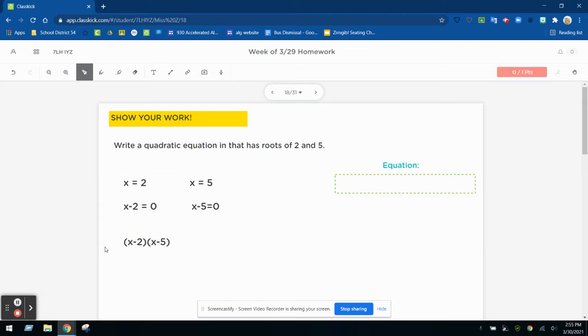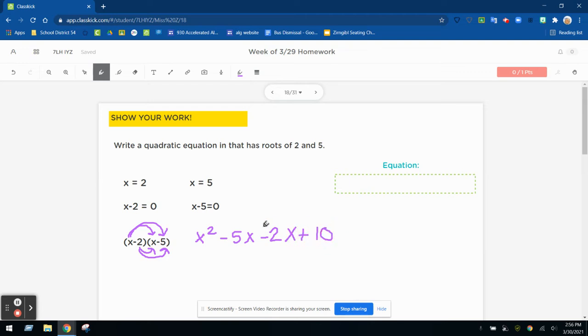I know that a quadratic equation has to have a degree of 2. So now that I have my two factors, stay with me, I need to multiply them to get a quadratic equation. So I need to distribute to get x squared minus 5x minus 2x plus 10.